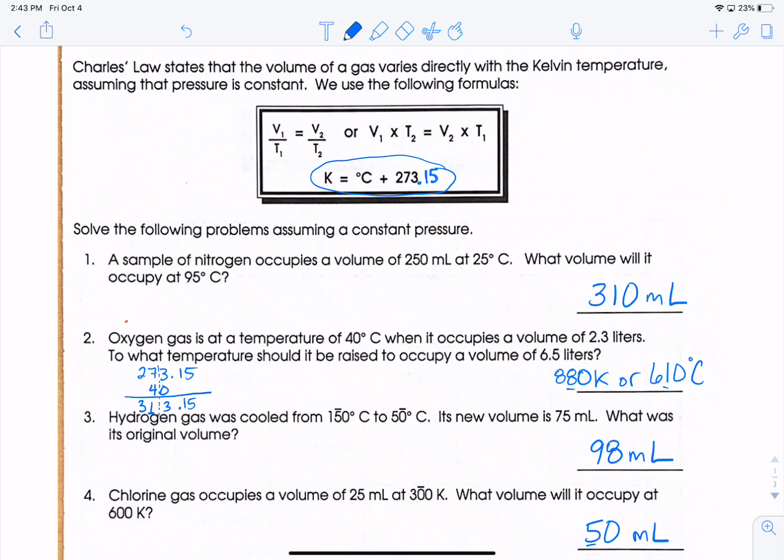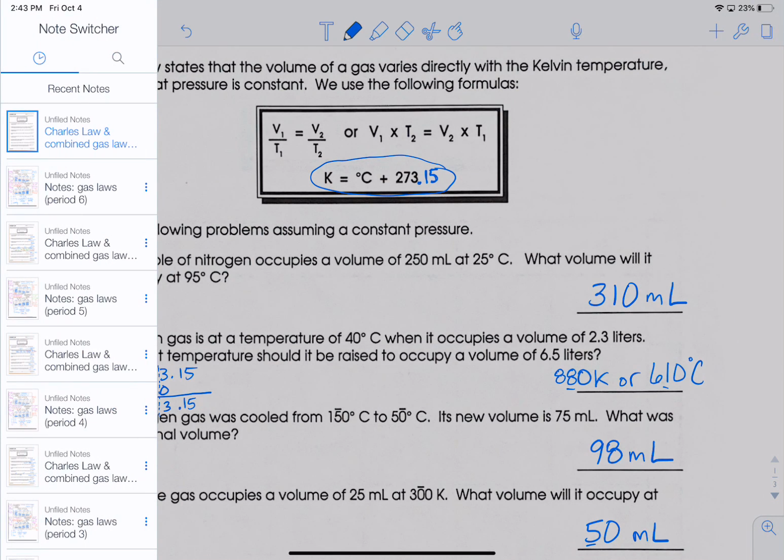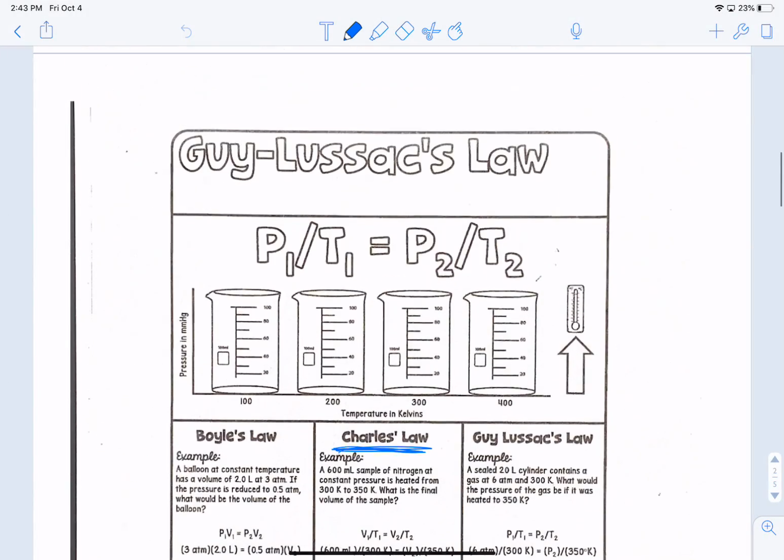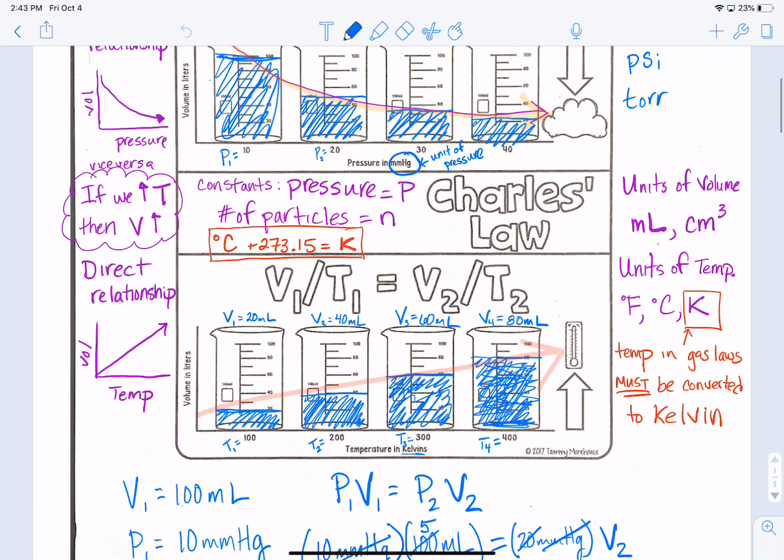So remember, that's why we're learning. Remember right here, yesterday on our notes, right here in red, it says temperature and gas laws must be converted to Kelvin. So maybe you missed that. I mean, I said it, I wrote it, but that doesn't mean you heard it, right? That happens when you're taking notes. Sometimes you don't actually process something.